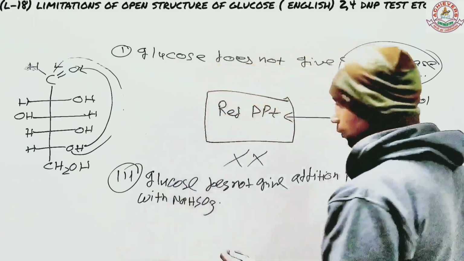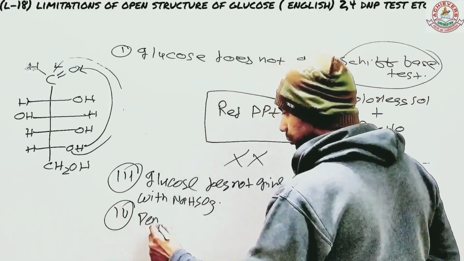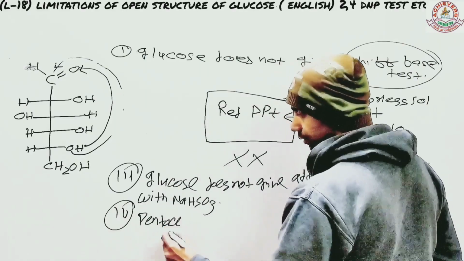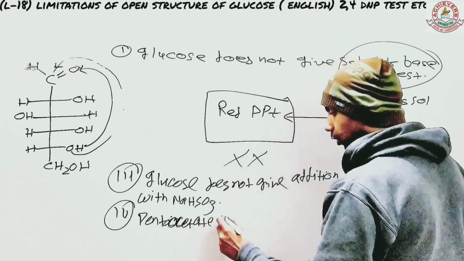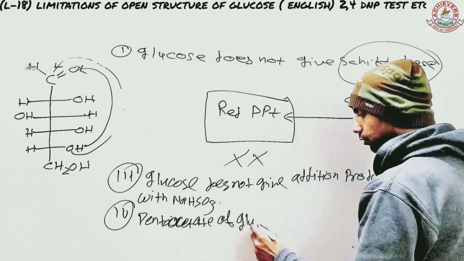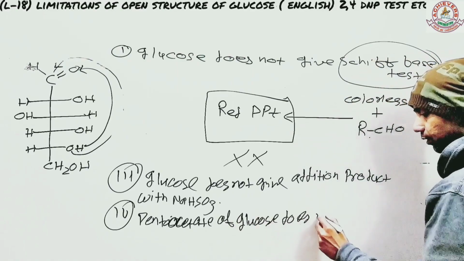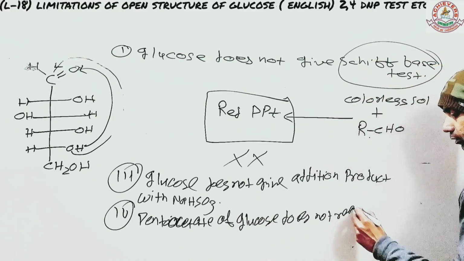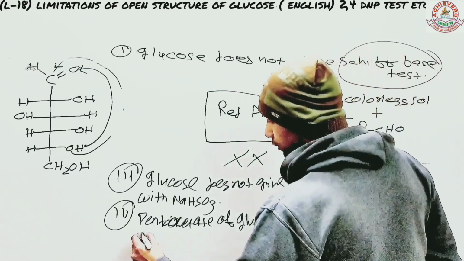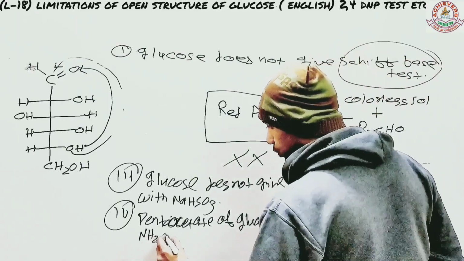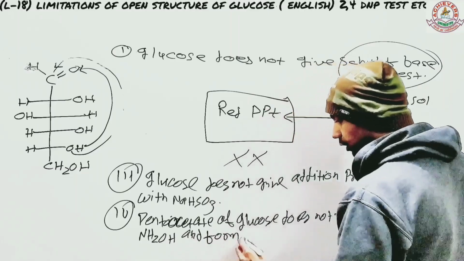Now let's talk about the fourth one. This fourth one says, pay attention: the pentaacetate of glucose does not react with NH2OH and form oxime.